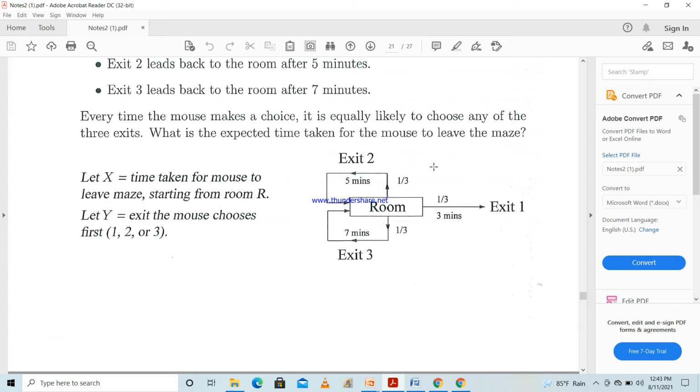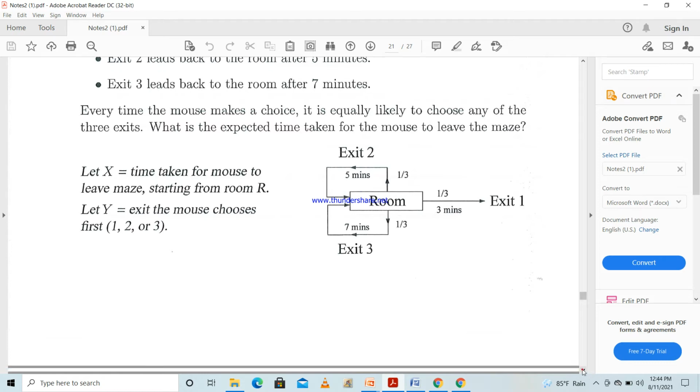Since you have 3 paths, the probabilities are 1 over 3. In the first path, you have to spend 3 minutes and the probability is 1 over 3. The second path, 5 minutes, probability is 1 over 3. Third path, 7 minutes, probability is 1 over 3.